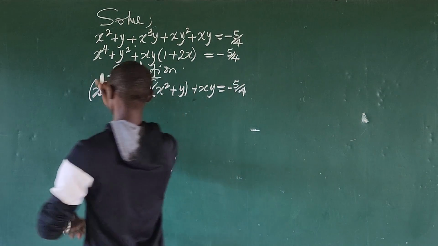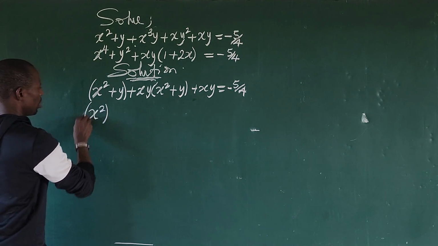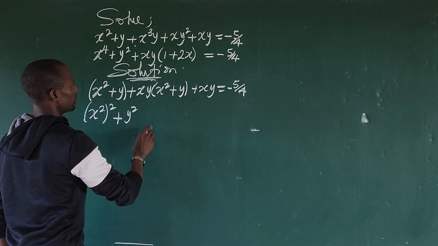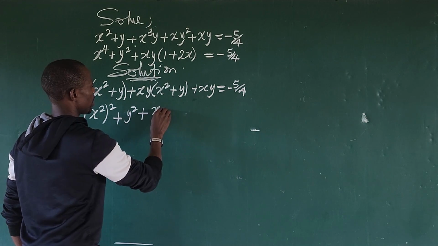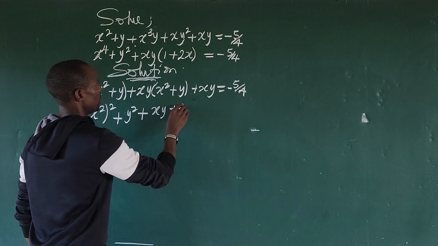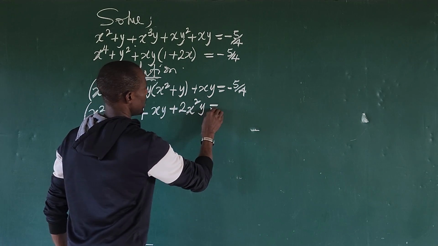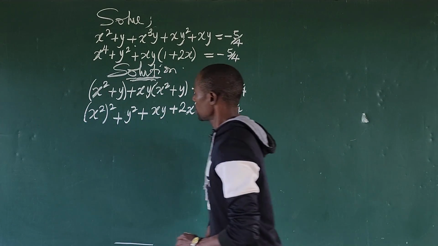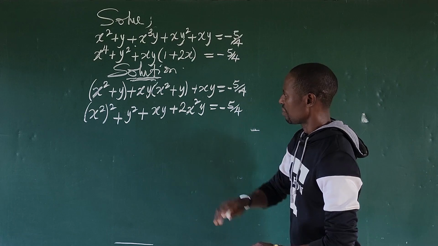So from equation 2, we can rewrite this expression, which is x to the power of 2, squared there, plus y to the power of 2 there, plus, let's use this to open up everything here. So we have xy, then plus 2x squared y, then equal to minus 5 over 4. So let's take a careful look at the expression we have here now.